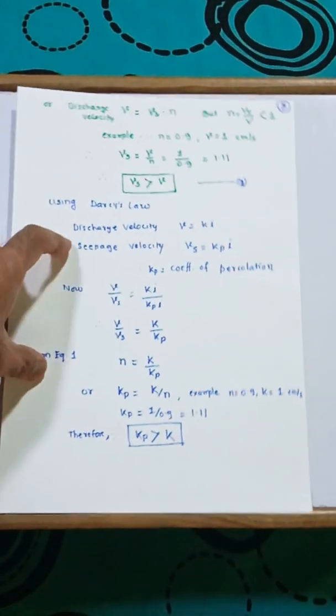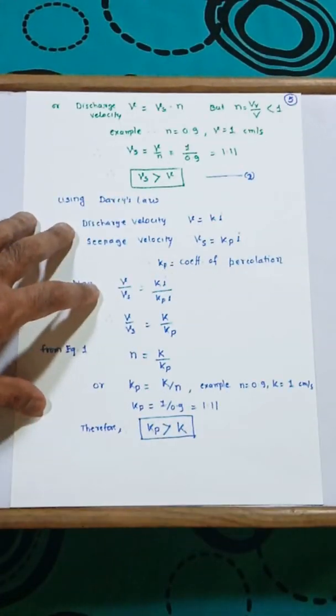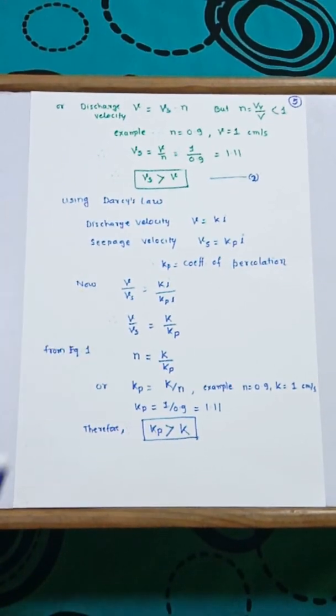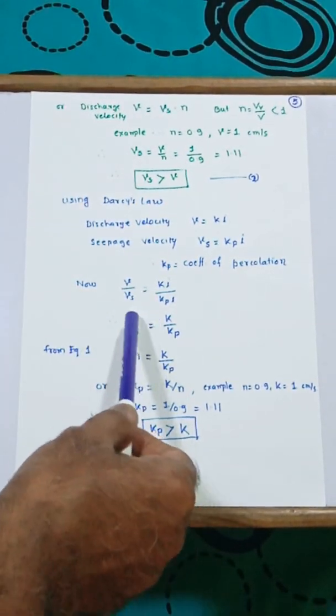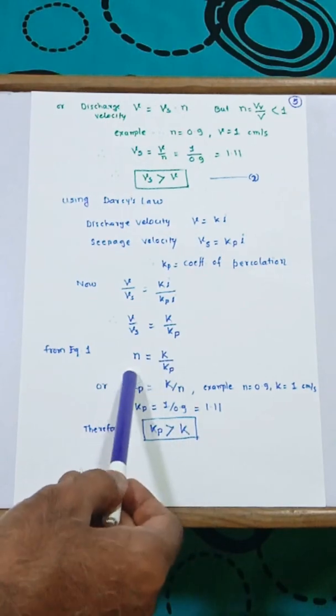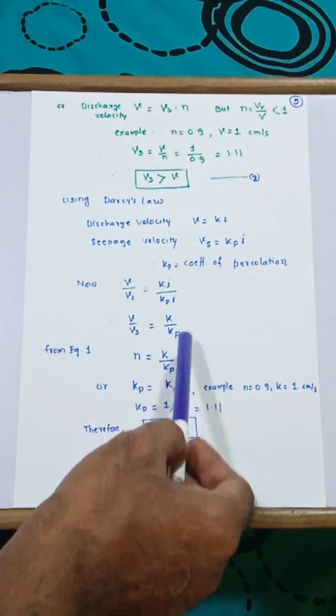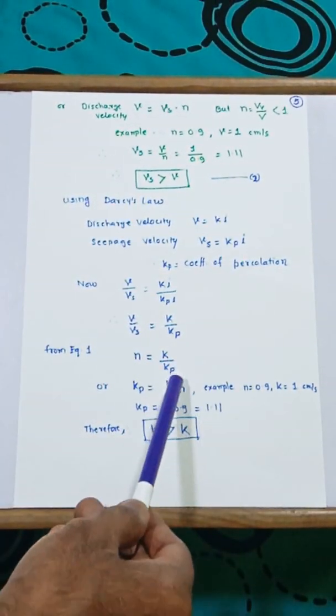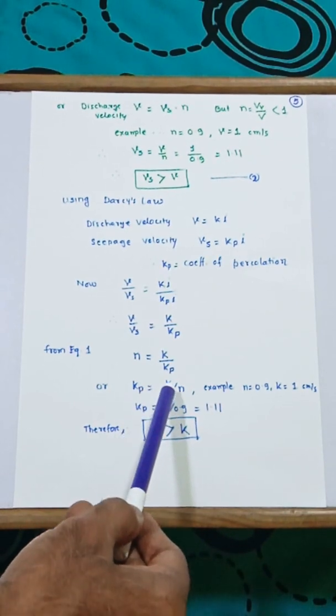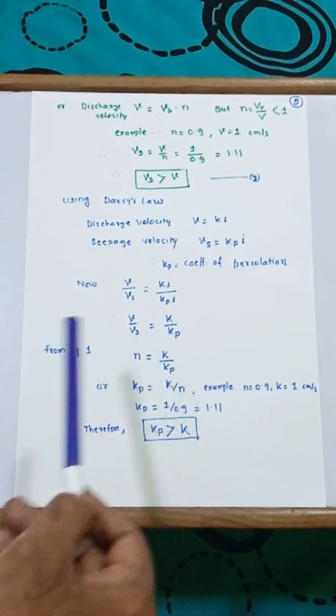So here it is substituted as this ratio is n from earlier, K upon Kp. Therefore, for Kp, it is K upon small n.